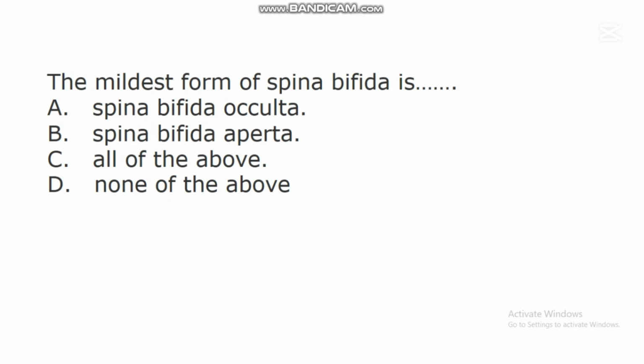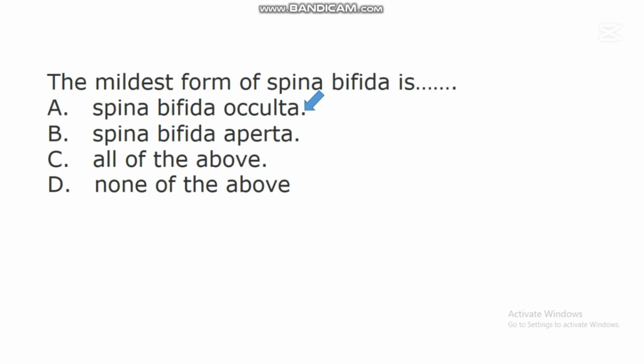The next question says, the mildest form of spina bifida is dash. A. Spina bifida occulta, B. Spina bifida apata, C. All of the above, D. None of the above. In this question, the correct answer is A. Spina bifida occulta.